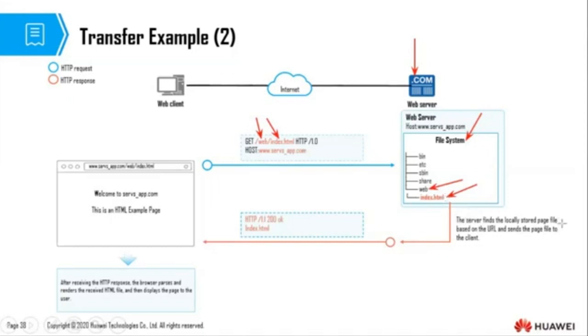So the server will find the locally stored page file based on the URL and send the page to the client. When it is successful, the search, it normally returns this value, but I won't explain it here. And with an OK and the file itself, then your browser will display that HTML page, index.html. So that's how the web and HTTP generally works.